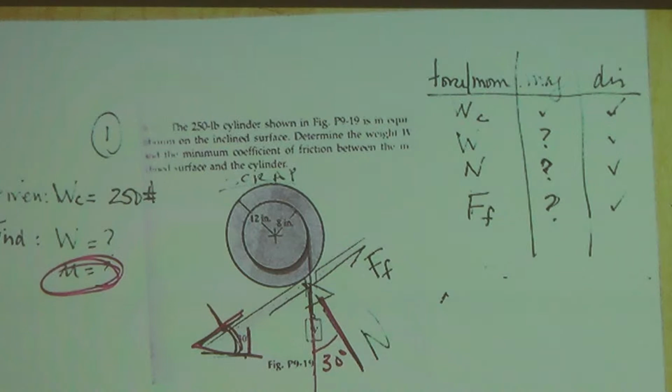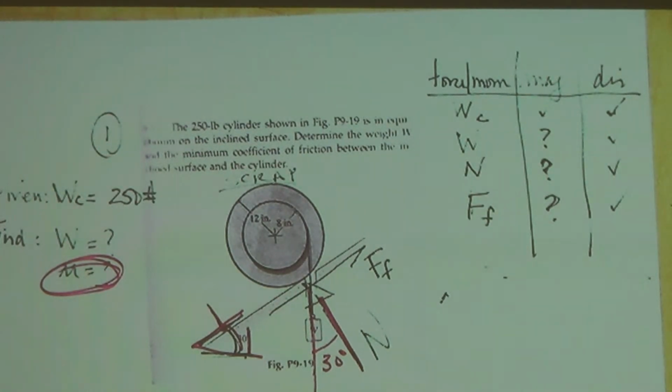Right now, W is unknown, N is unknown, the frictional force is unknown, and mu is unknown. But mu's in your F there, so why would you include that on your table? But we need that equation, right? So you're saying the frictional force is equal to mu N, using that equation to find the relationship between those two.